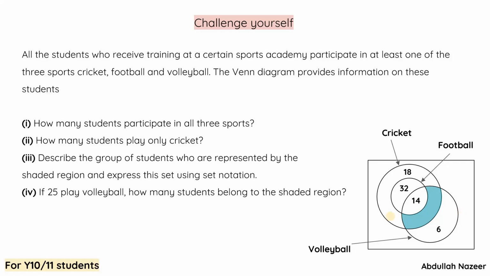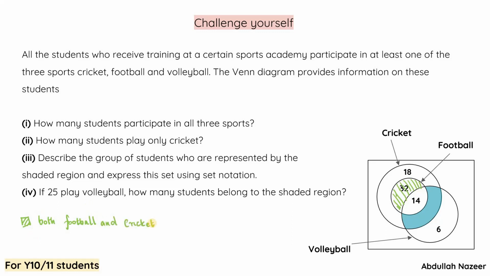Notice that the set football is a complete subset of the set cricket, which means all the students who play football also play cricket. So let's start by identifying this region. That green region is the region that includes all students who play both football and cricket.